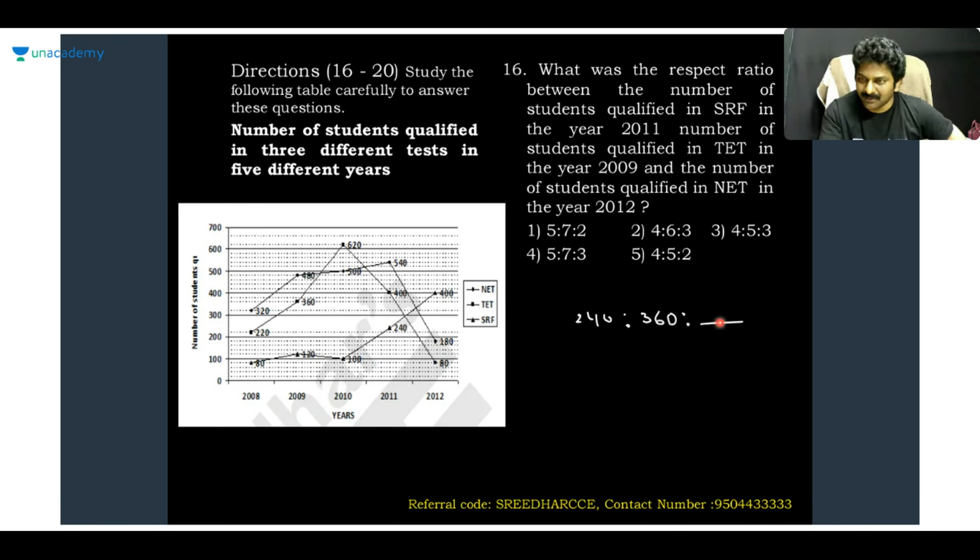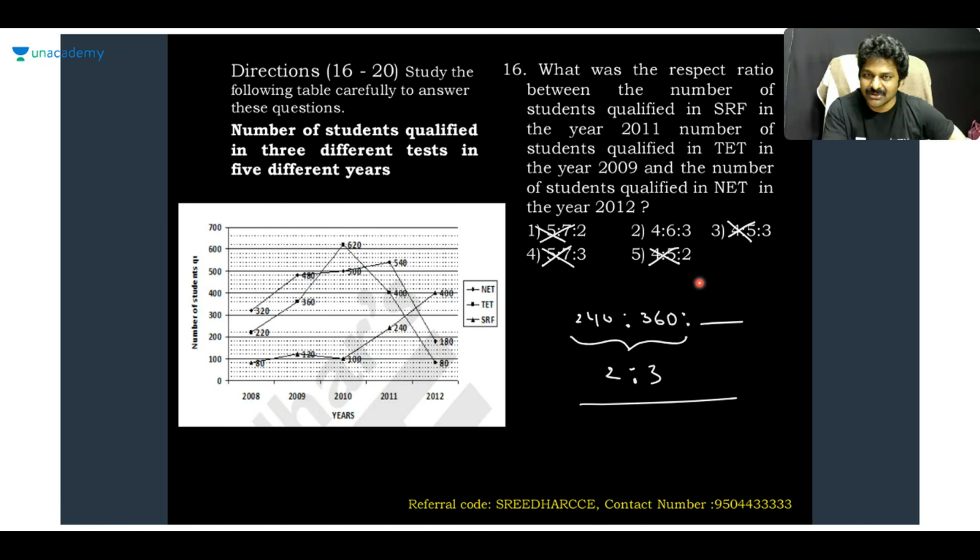You need to form one more number, but this much simplification is not required because ratio between first number and second number is equal to 2 is to 3. Even in your final answer also, it has to be 2 is to 3. 5 is to 7 is not 2 is to 3. So without writing this answer, you can go for second option as final answer.